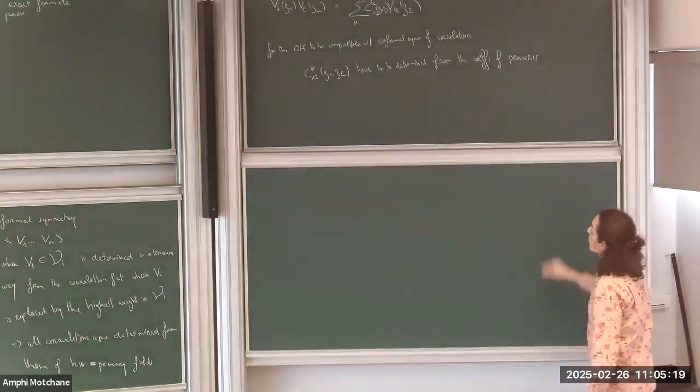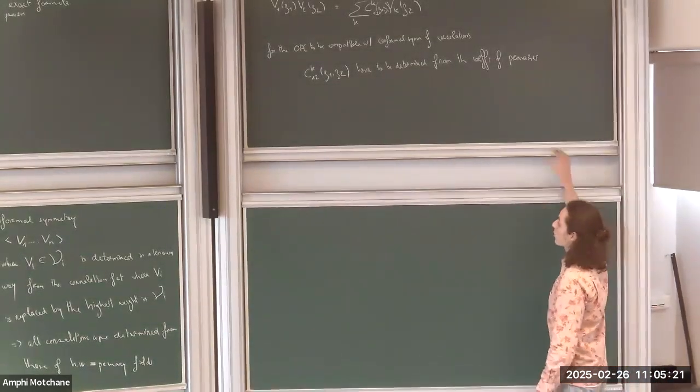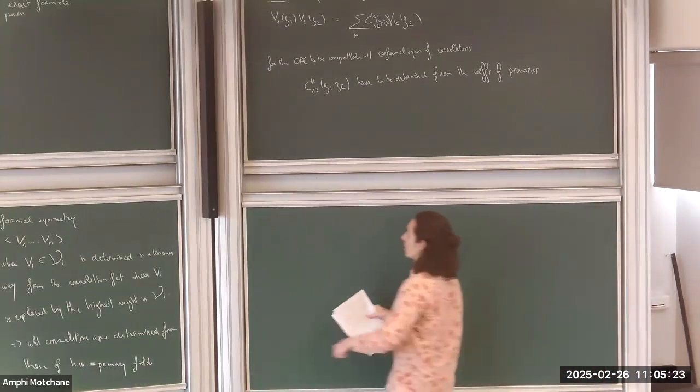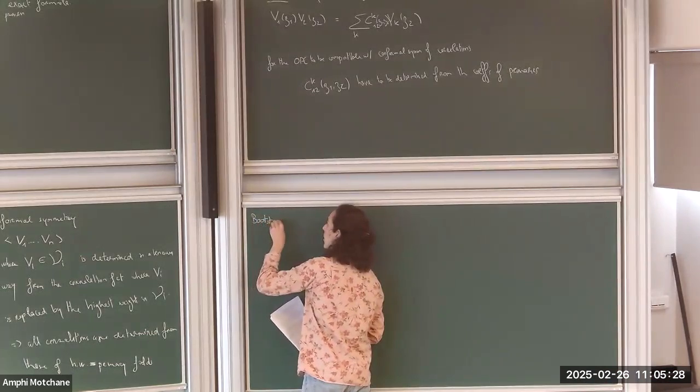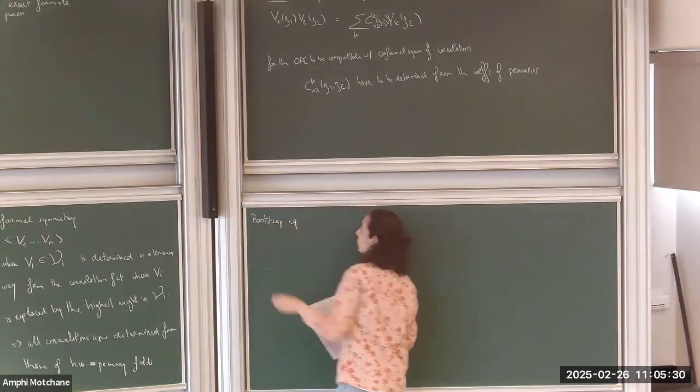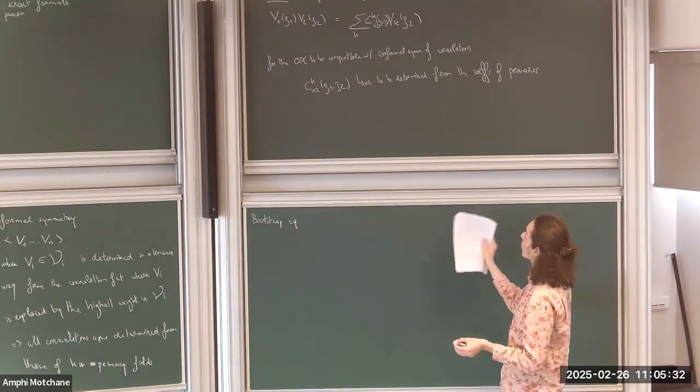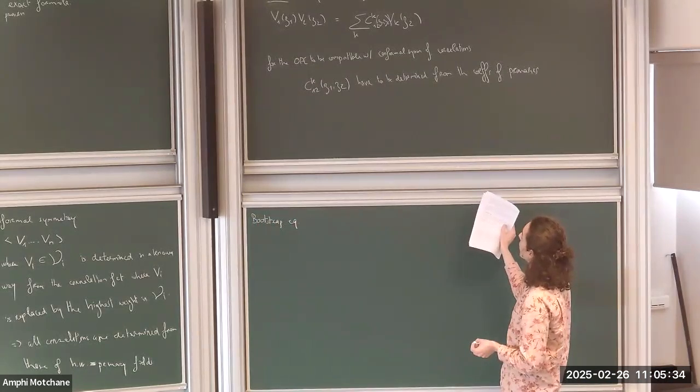So the last part of this rather formal bootstrap part is bootstrap equations. Starting from these three assumptions, how do we constrain the model?